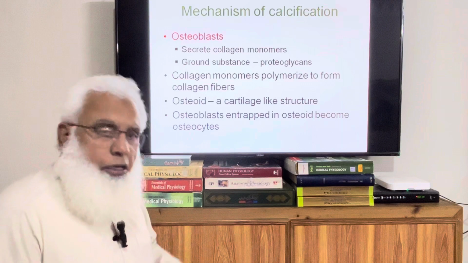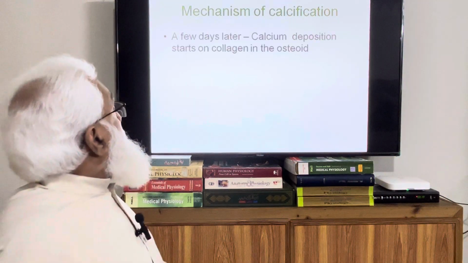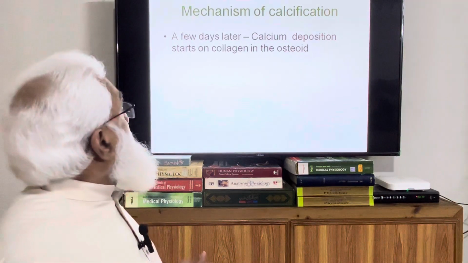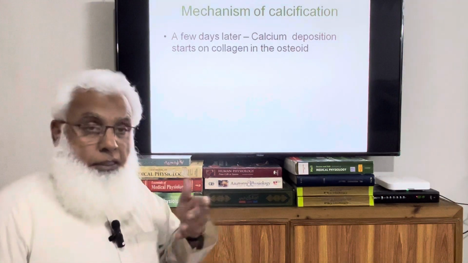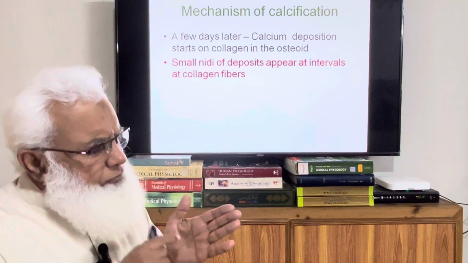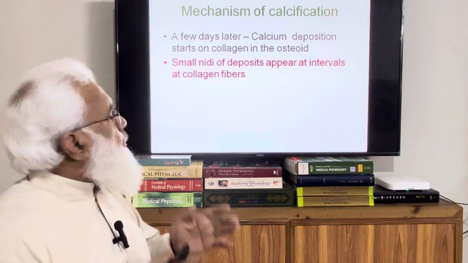The osteocytes in bone are inactive osteoblasts. A few days after this osteoid has been formed, calcium deposition starts on the collagen fibers and the osteoid, and small foci, or nidi, of deposits appear at intervals along the collagen fibers.